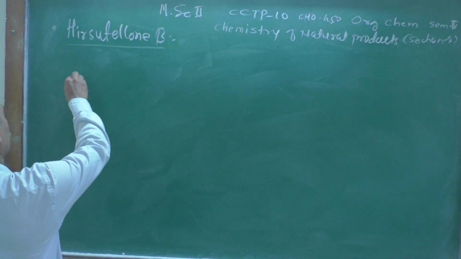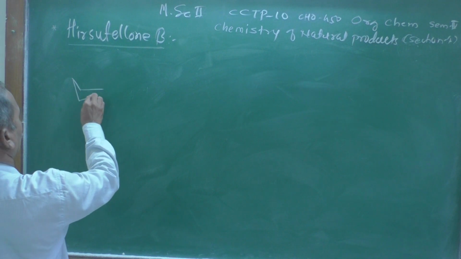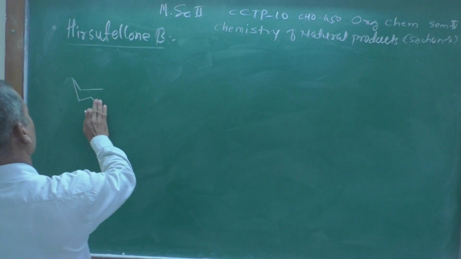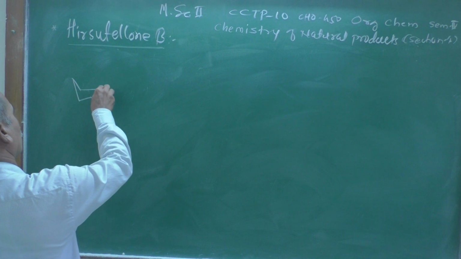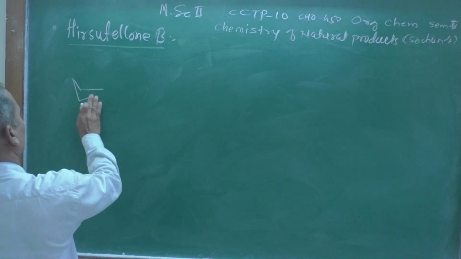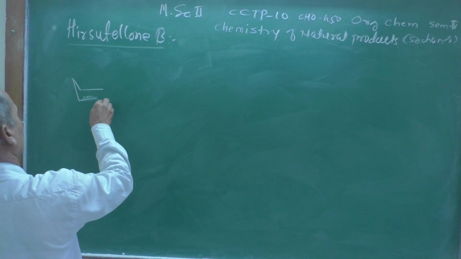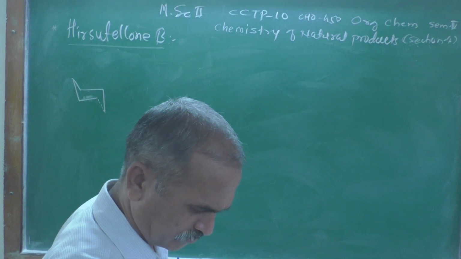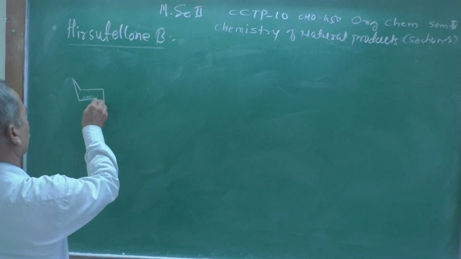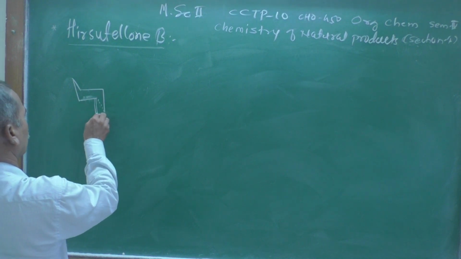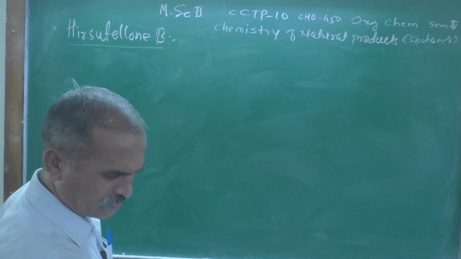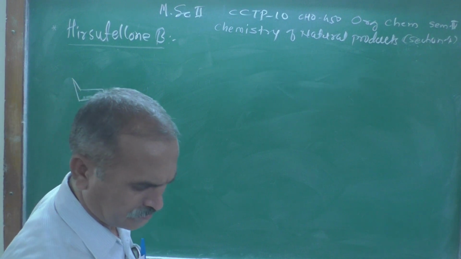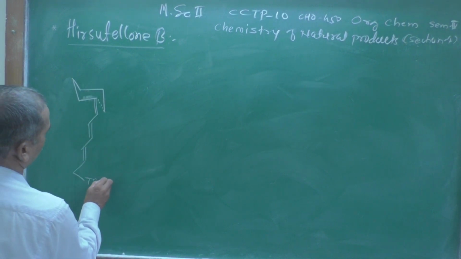I am showing this structure over here, that is actually dotted. Then we can show a double bond here, then there is a double bond, then a double bond. Then we can write here PMB.